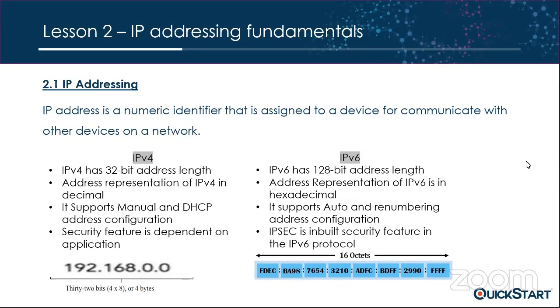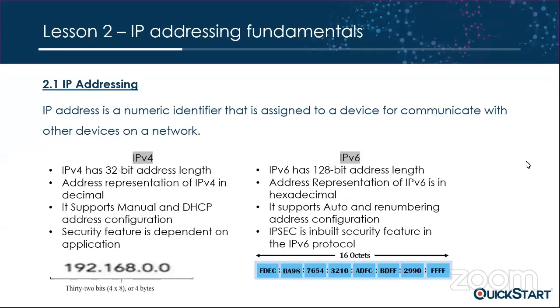So IP is a numeric identifier that is assigned to a device to communicate with other devices on a network. So a network device must have a unique address, which is called an IP address, an IP logical address, right? To communicate over the network. We have two types of IPs.